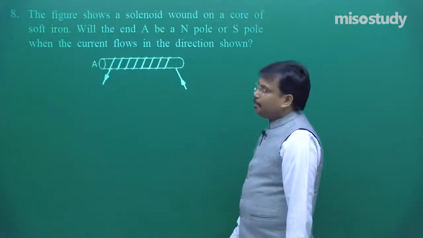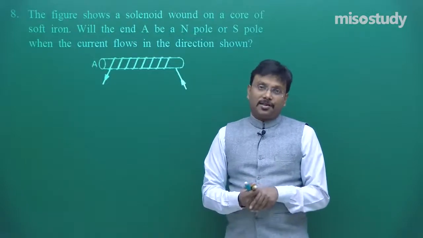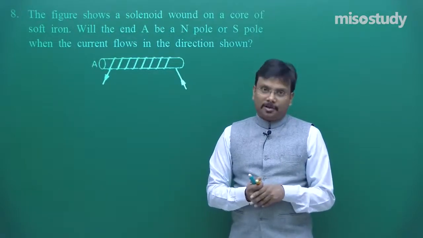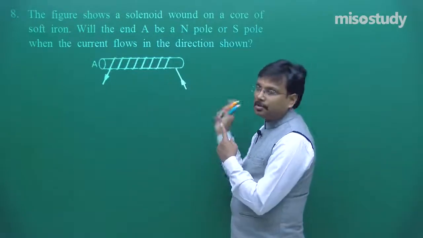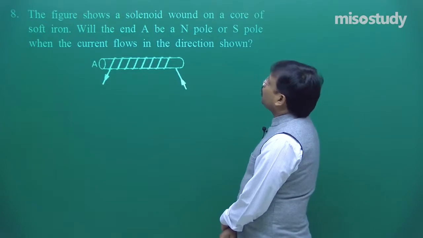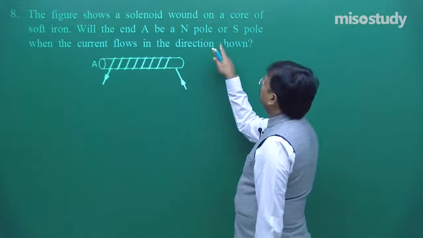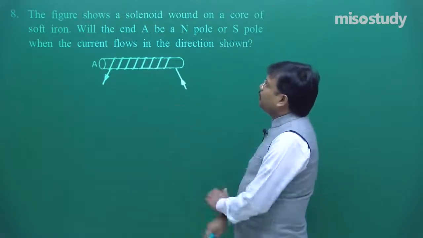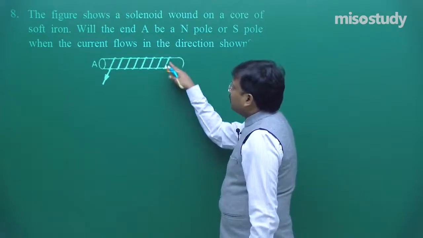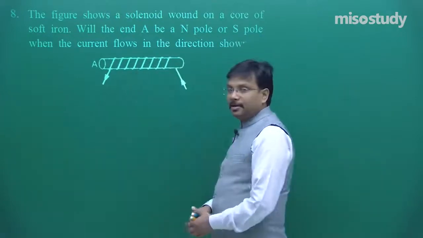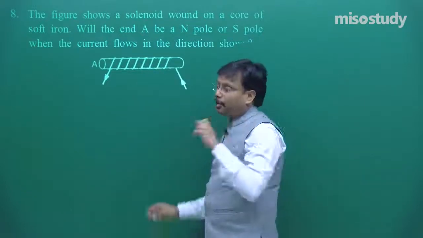Then comes question number 8. Now, this question is up to some extent a visualization aspect. Fine. The figure shows a solenoid, the way I was explaining, wound on a core of soft iron. Will the end A be a north pole or south pole when the current flows in the directions shown? Now, the current is going like this, then out, and here it is entering like this. Now, here visualization is very important.